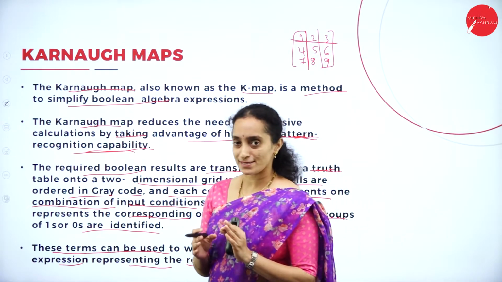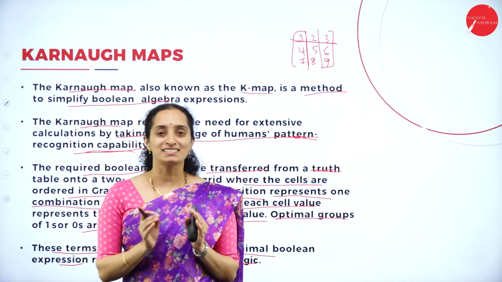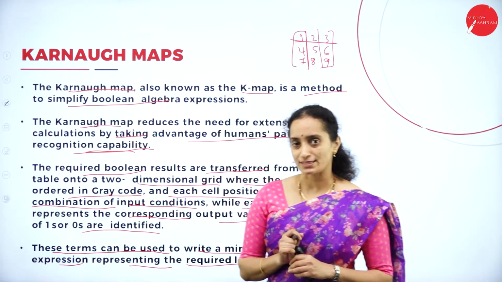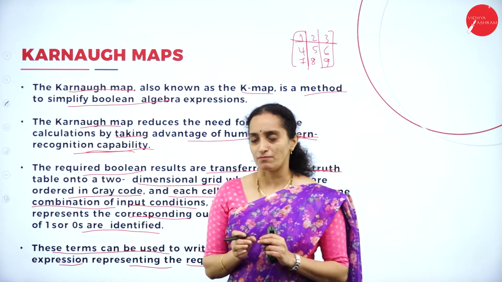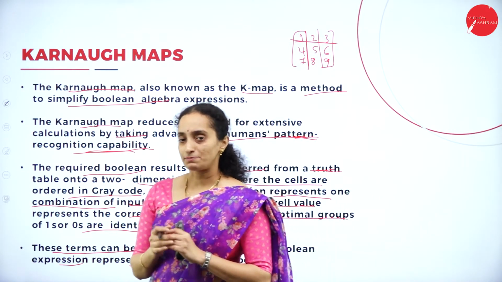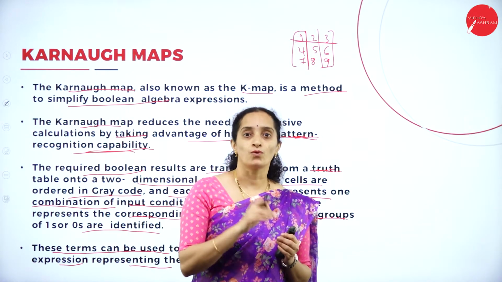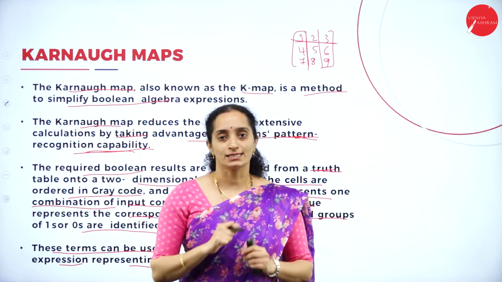You are going to represent the logic but in a simplified manner. Why? Because you need a minimum number of gates, expressions or circuits, so that you can accommodate more gates in lesser space.